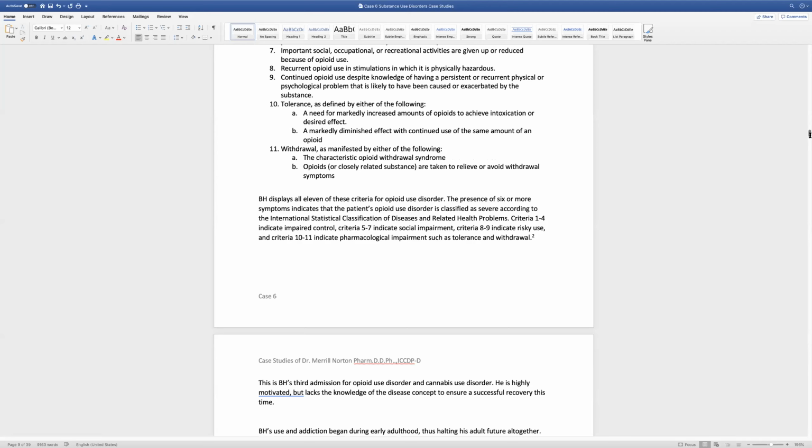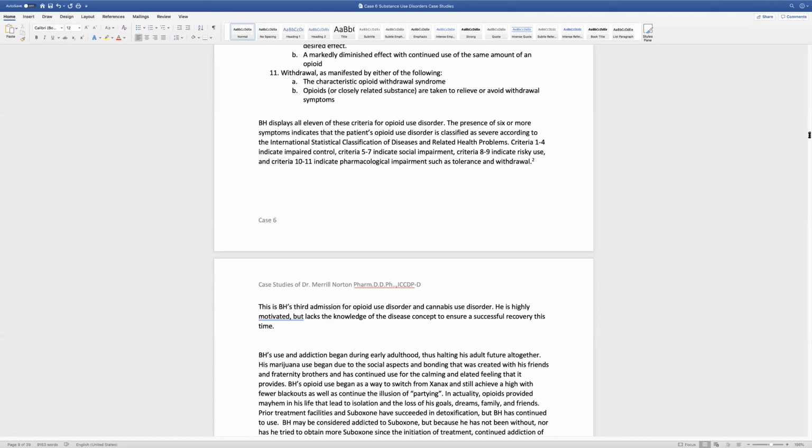The presence of 6 or more symptoms indicates that the patient's opioid use disorder is classified as severe, according to the International Statistical Classification of Diseases, or the ICD-10. Criteria 1 through 4 indicate impaired control, 5 through 7 indicate social impairment, criteria 8 and 9 are risky use, and criteria 10 through 11 indicate pharmacological impairment such as withdrawal and tolerance. And so he meets all 11, so he is opioid use disorder, severe, which I think is a good thing.